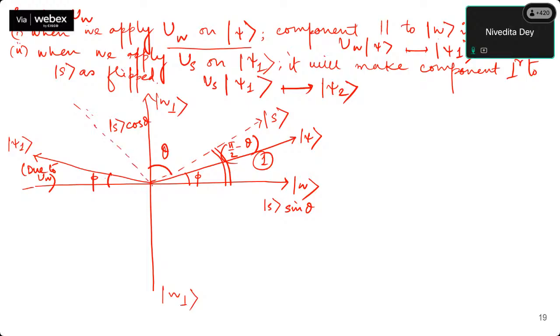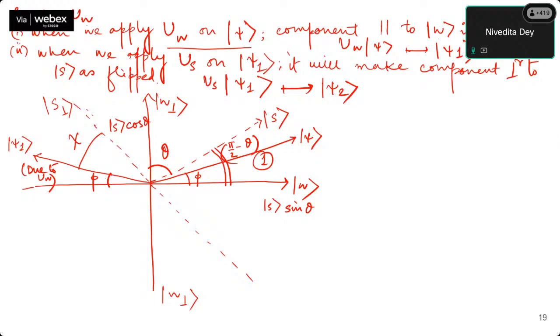If you notice, this is something which is perpendicular to S. Let me just draw also the line for this area. So this entire line is perpendicular to S. And let me assume the angle made by this with this is lambda. And the next step, the application of US on psi 1 will make the component perpendicular to S flipped.